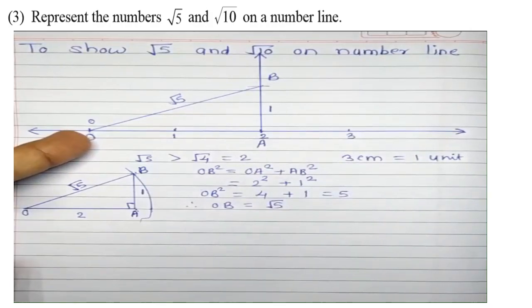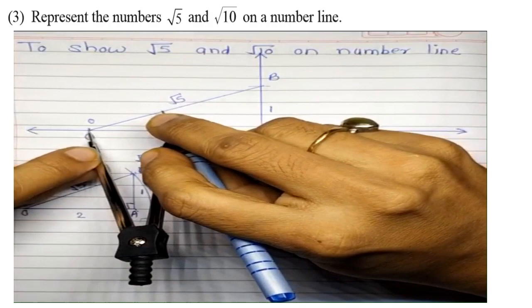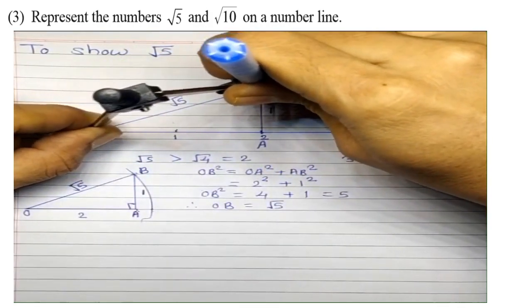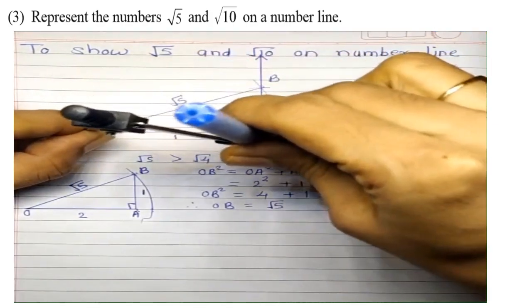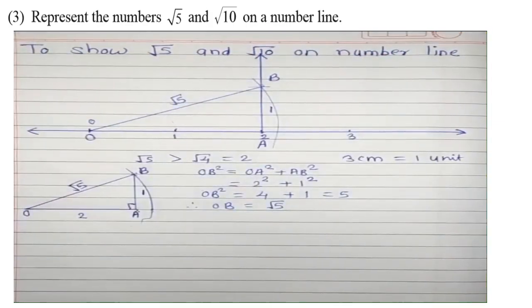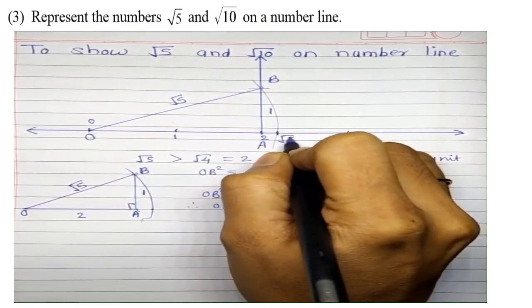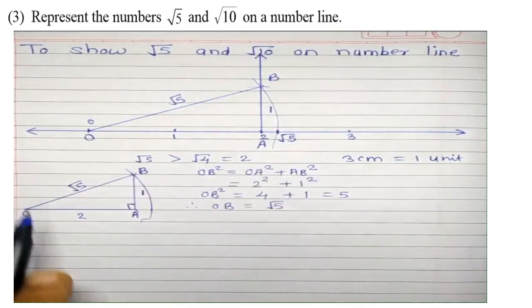So what I will do, I will draw the arc by taking O as a center and OB as a radius. Okay. So I am taking this and I am drawing it. Okay. So here I got it like this, and my this point is root 5. This is how I have shown root 5 on number line. Okay. I hope you have understood this explanation.